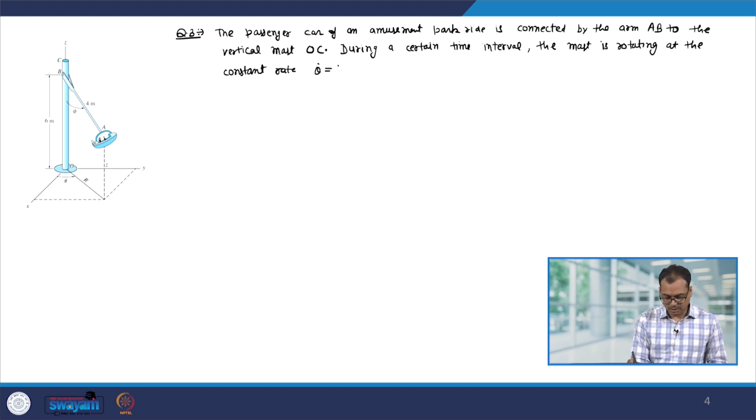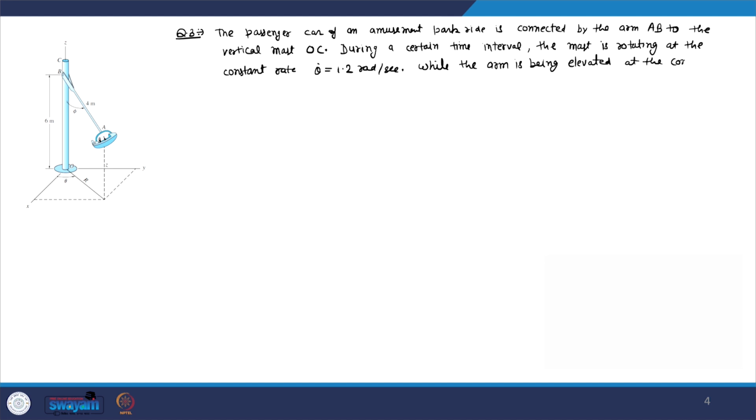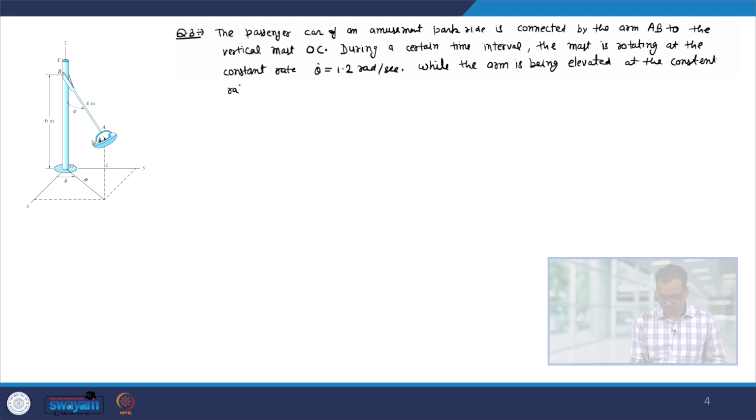And the rate is theta dot equal to 1.2 radian per second, while the arm is being elevated at the constant rate phi dot equal to 0.3 radian per second.